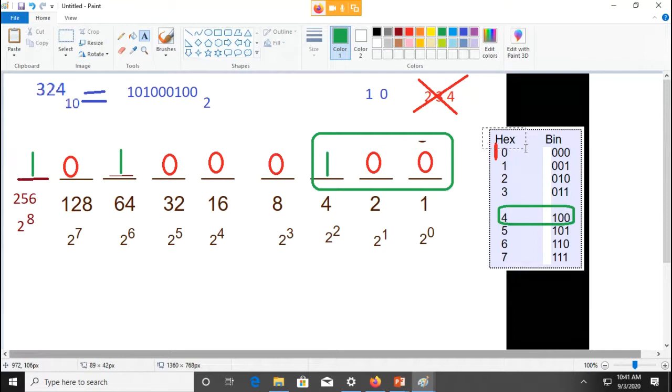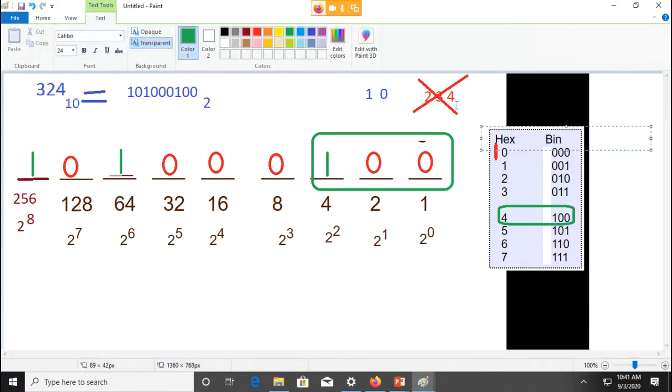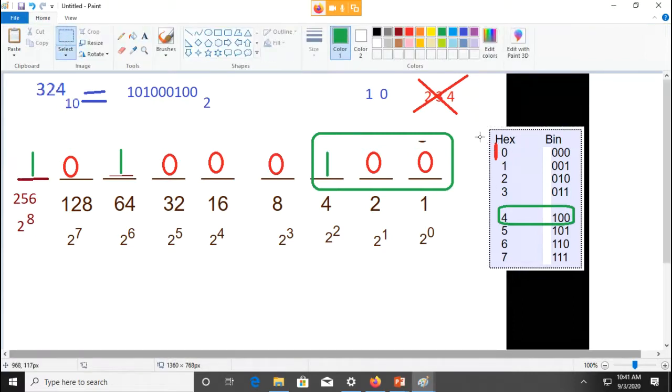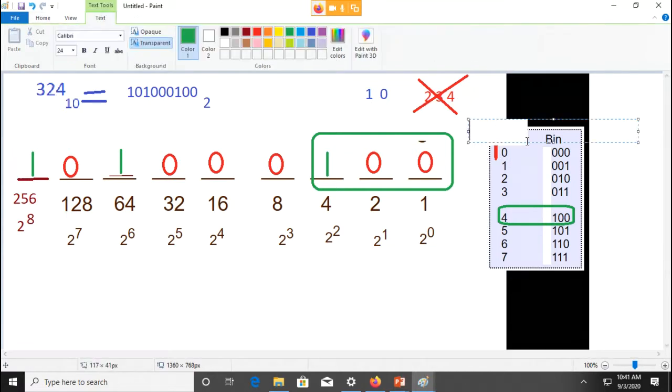Right now, technically, we're talking about octal. It says hex there because the first 7 are exactly the same. But at this point, we're really talking about octal.